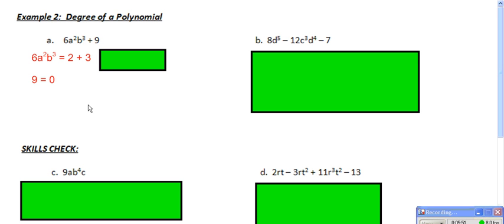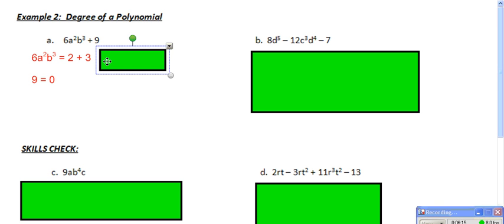When you break it down, remember that the degrees hinge upon the exponent. So a is squared, b is cubed. 2 plus 3 would give us 5. And down here, 9, it does really have an exponent of 1, but you're focusing on the variable aspect of it.